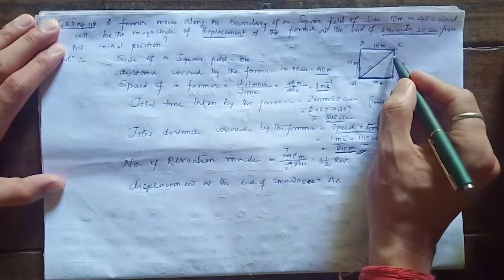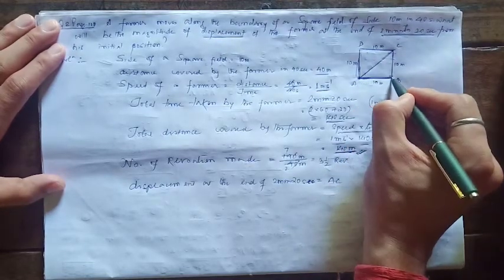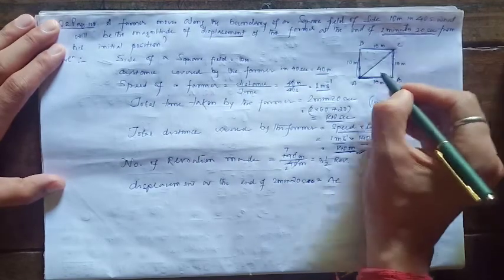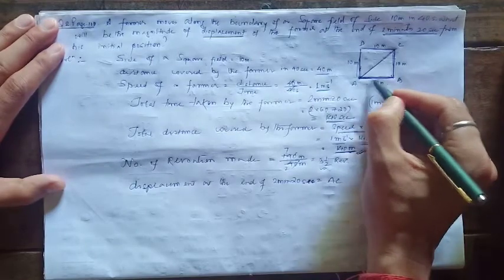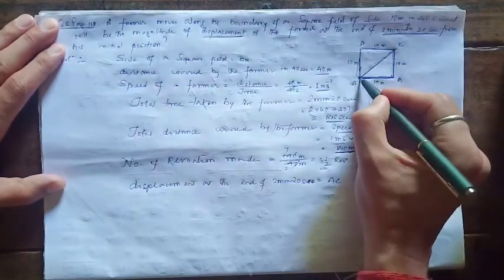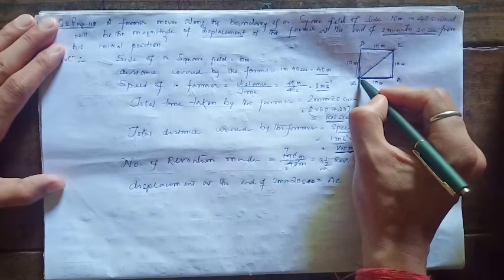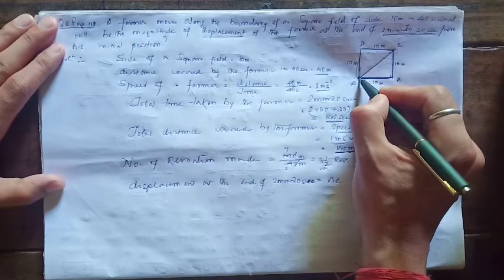So 120 meter, 3 revolutions. So 120 plus 10, 130, plus 10, 140. That means he makes 3.5 revolutions at the end of 2 minute 20 second. So let's find out where he stops at the end of 2 minute 20 seconds.